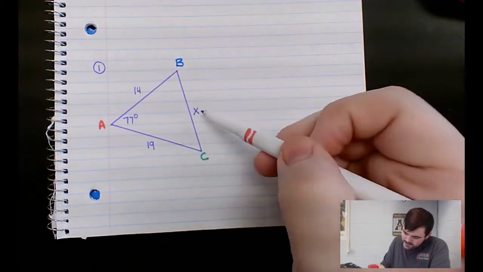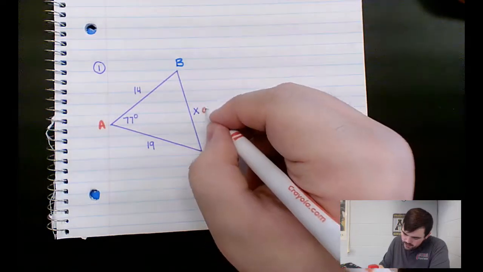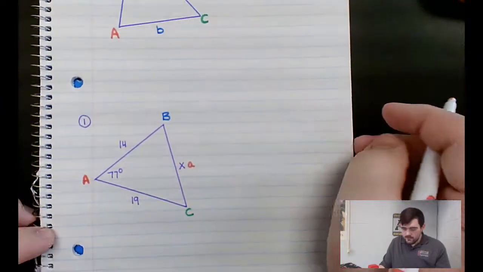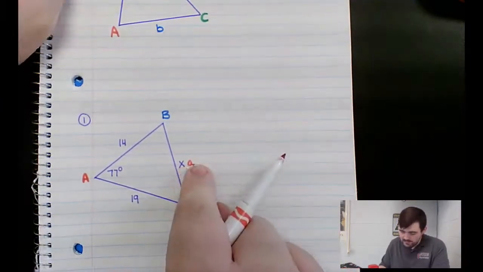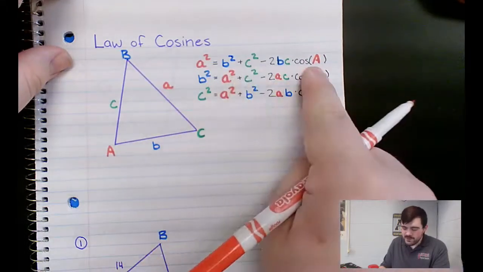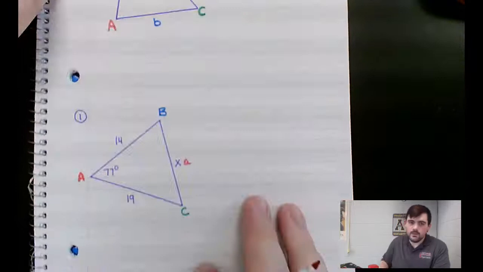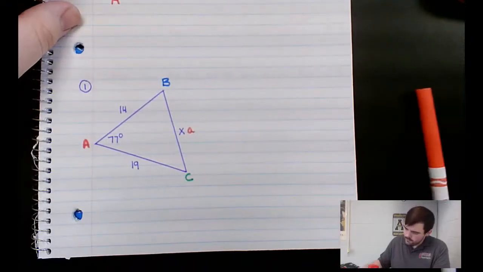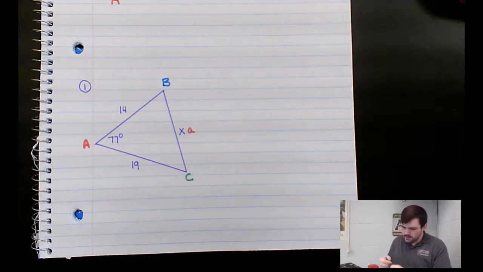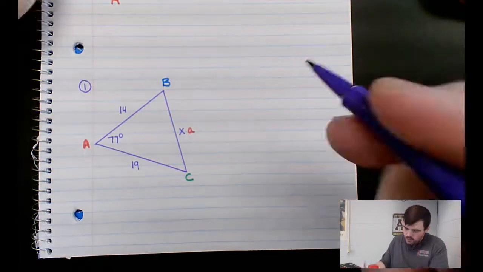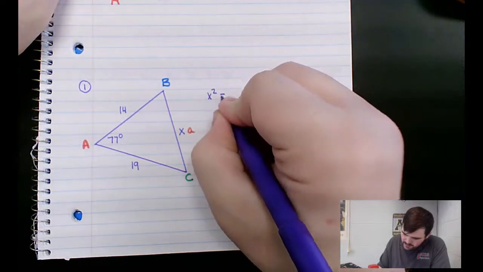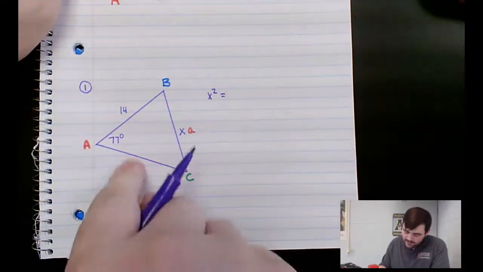And so I would be solving for little a. Okay? So, little a is x here. So I'm going to use this version of my law of cosines. You ready? We're going to say x squared equals the other two sides squared.